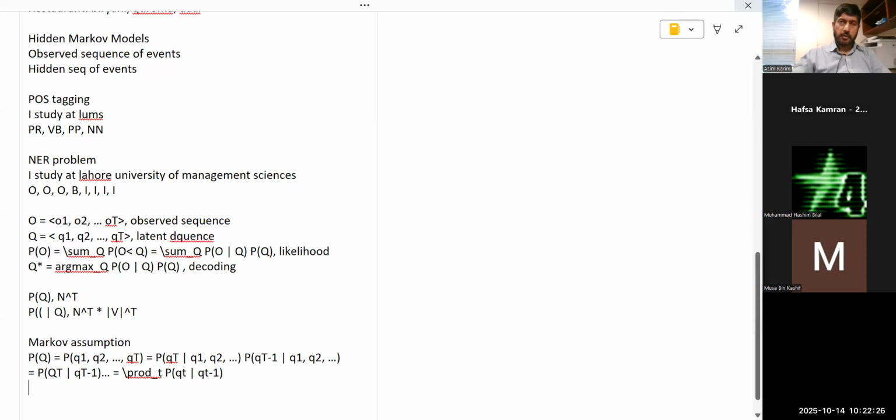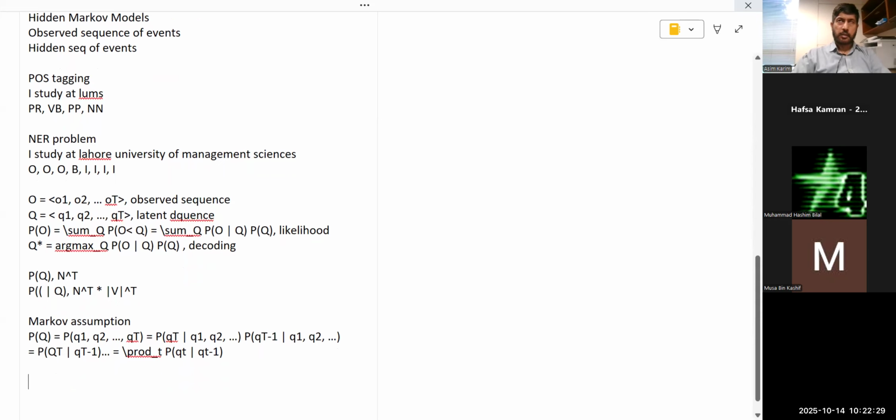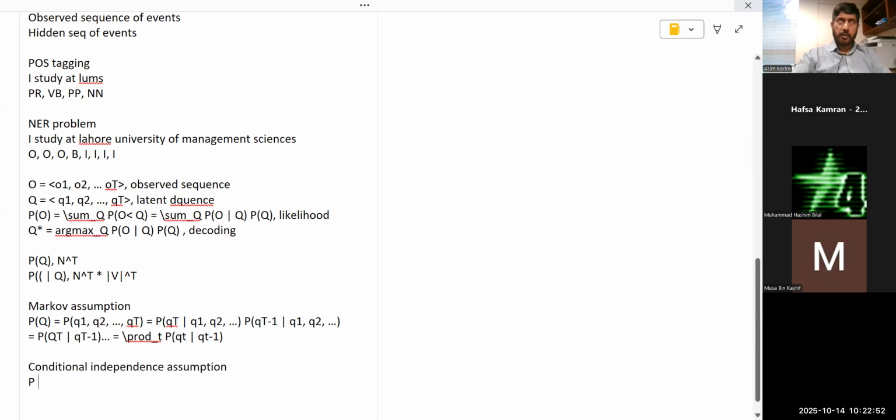The second assumption works on the other component, and that is the conditional independence assumption. ठीक है? So other probability हमारे पास क्या थी? Probability of O given Q. This is probability of O1, ..., OT given Q1, ..., QT.